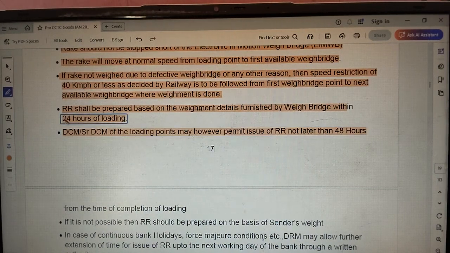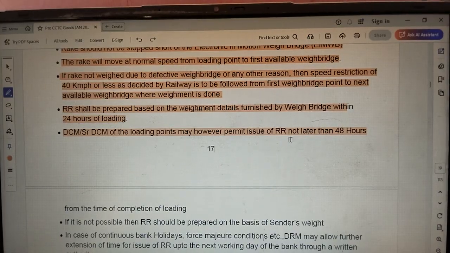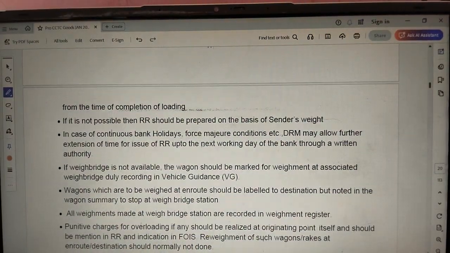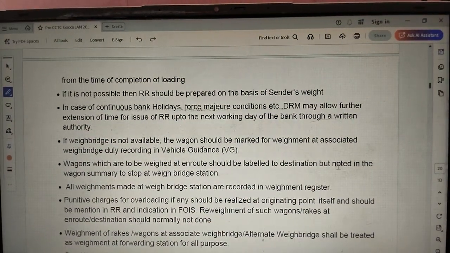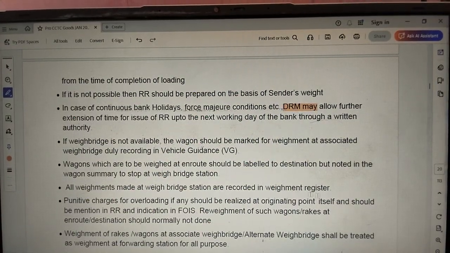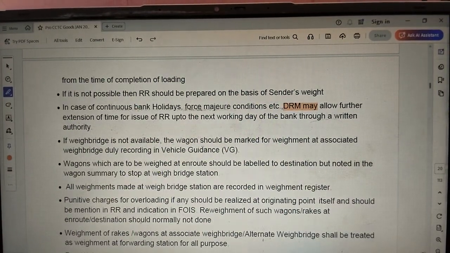Up to 24 hours it is automatic; from 24 hours to 48 hours, if the RR is delayed, the DCM will permit. Beyond 48 hours, DRM should give permission. So these questions may be asked.